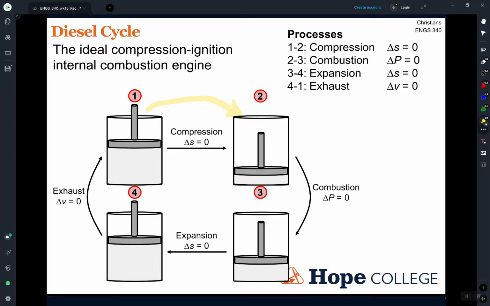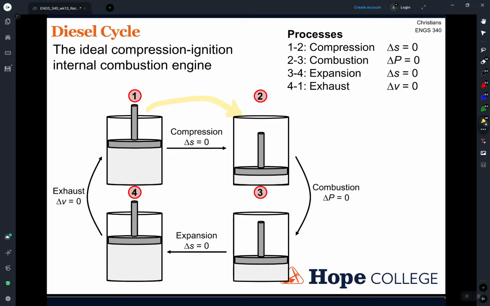So what we've learned is that the compression ratio, the difference between, say, the pressure at 1 here and the pressure at 2, that difference in pressure, or the ratio, changes how much of an increase in temperature we would expect to see. So, a factor of 10 increase in pressure will not give us as high of a change in temperature as a factor of 15 or a factor of 20 increase in pressure. So in a diesel cycle, we have a higher compression ratio.